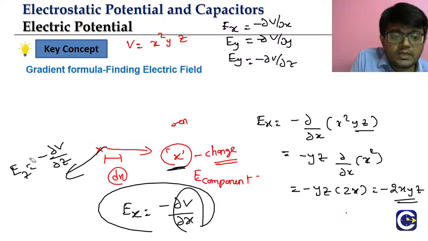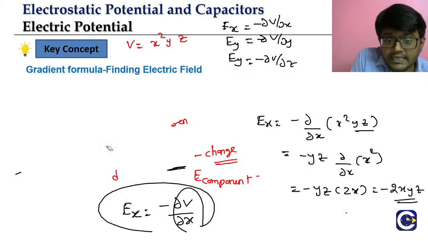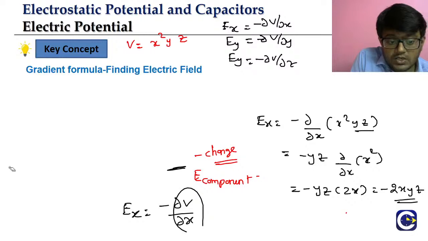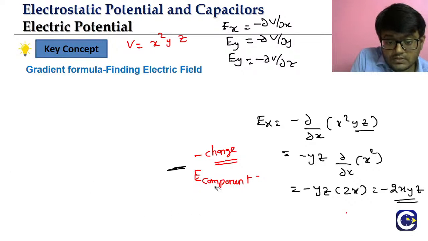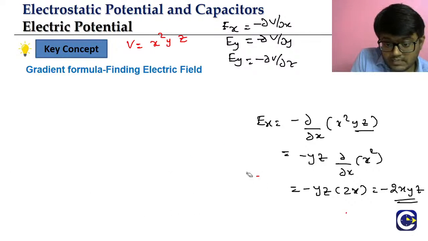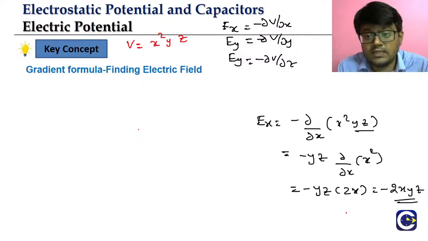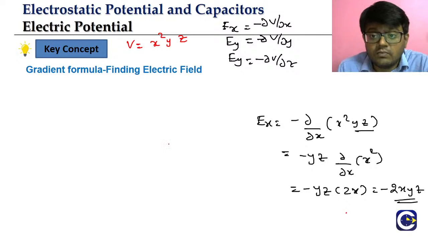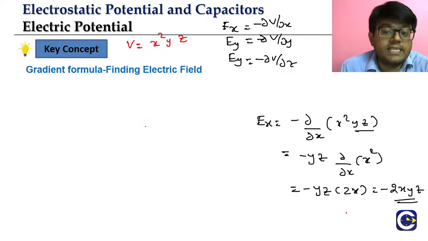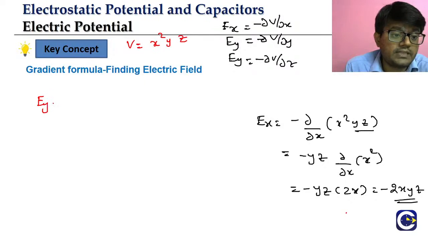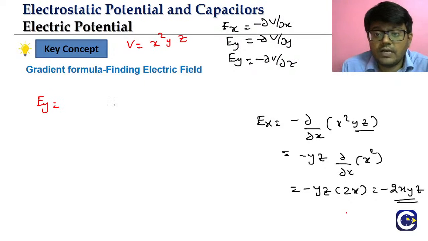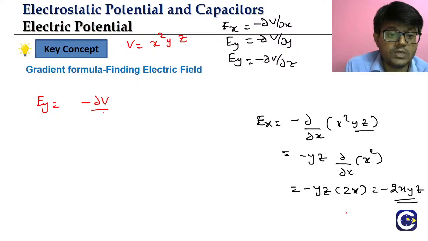Ey will be what? We have to take minus dou v by dou y. Don't get confused by this. In fact, compared to the normal derivative, it is one step lower level, a little bit easier. Look here, the y component of the electric field means minus dou v by dou y.